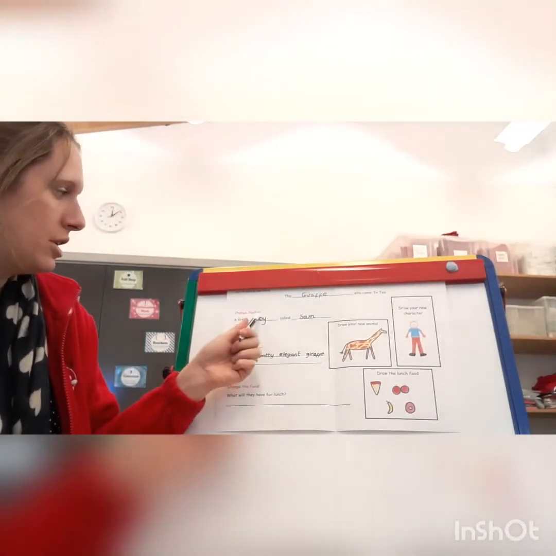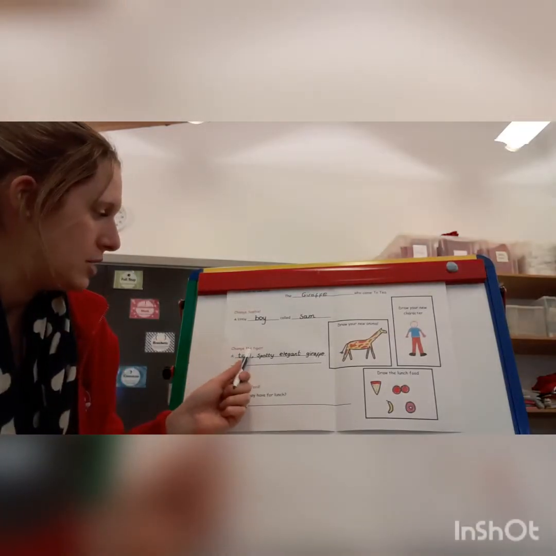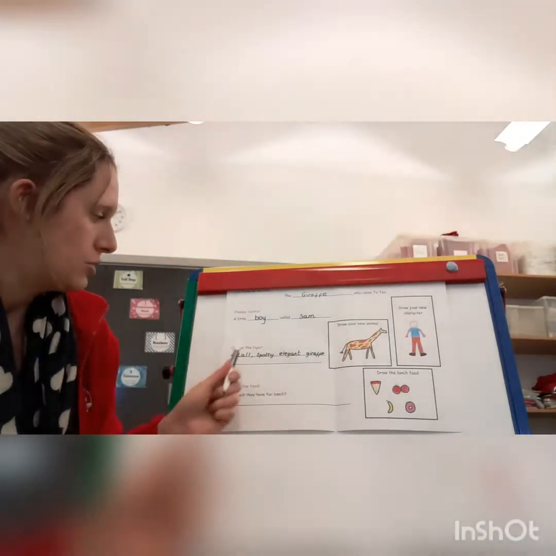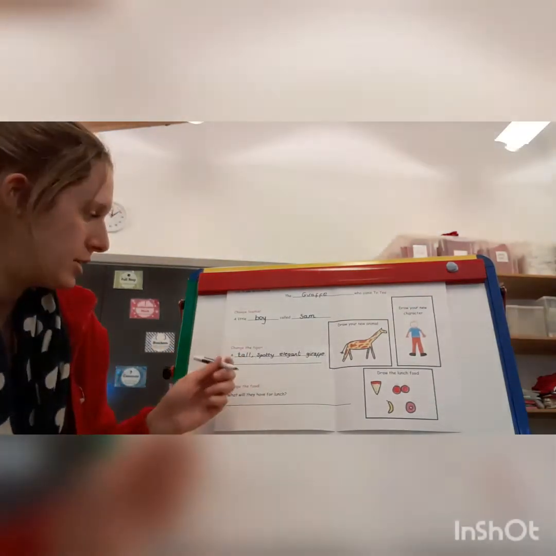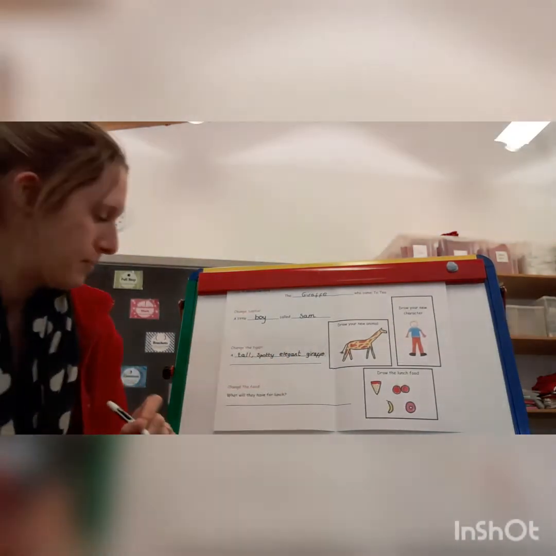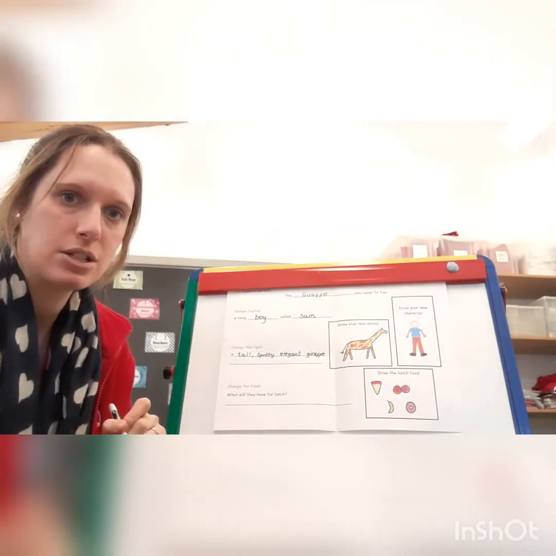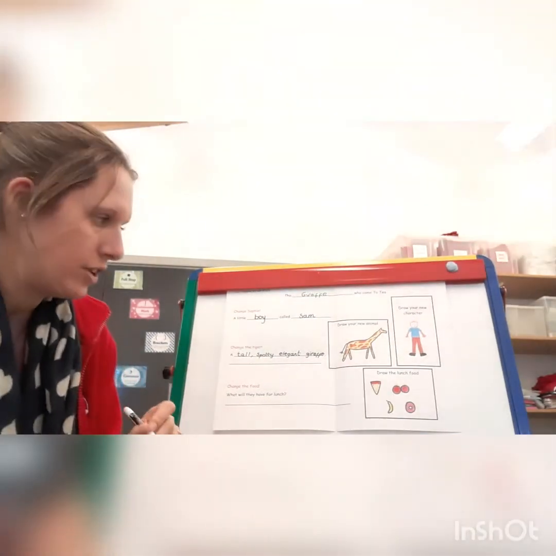So I've changed Sophie to a little boy called Sam. I've changed the tiger, so now it's not a big furry stripy tiger. In my story, it's going to be a tall, spotty, elegant giraffe. And then the last thing that we need to do is change the food.